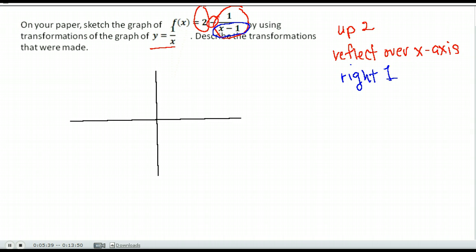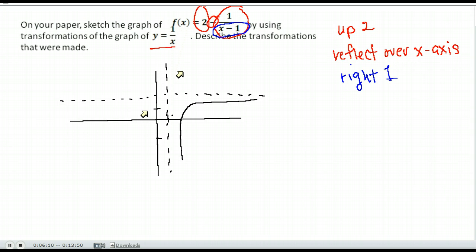Okay, so we've moved up 2, so we're going to have an asymptote up here at 2. Our normal graph there at 0, our regular graph. And we're going to move to the right 1, so we're going to have an asymptote at +1. Normally our sections of the graph would be here and here, but we reflect it over the x-axis, which is going to flip them over those asymptotes, and we'll put them down here.